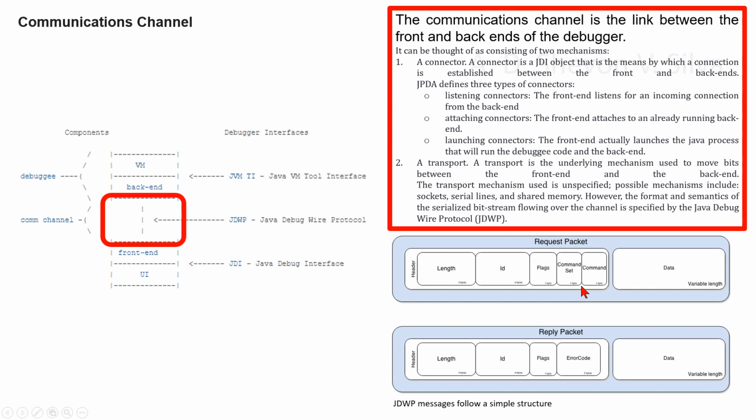The command set space is roughly divided as follows: 0 to 63, sets of commands sent to the target VM; 64 to 127, sets of commands sent to the debugger; 128 to 256, vendor defined commands and extensions.